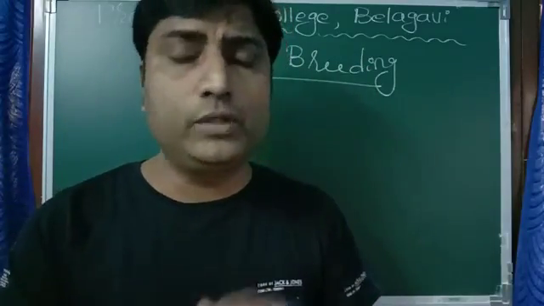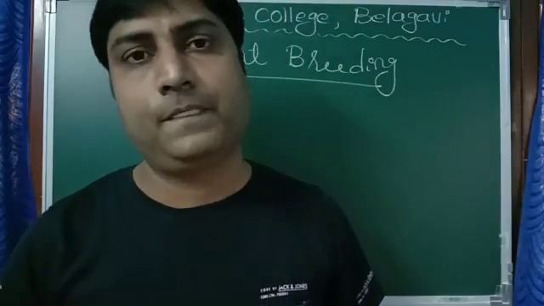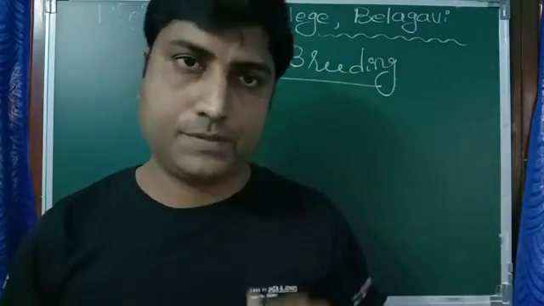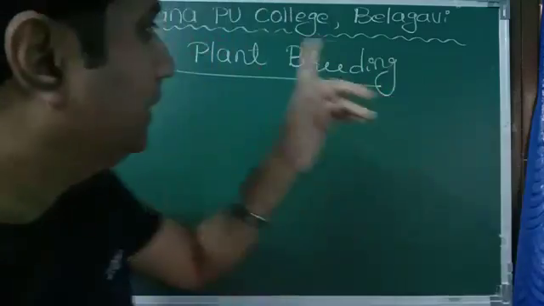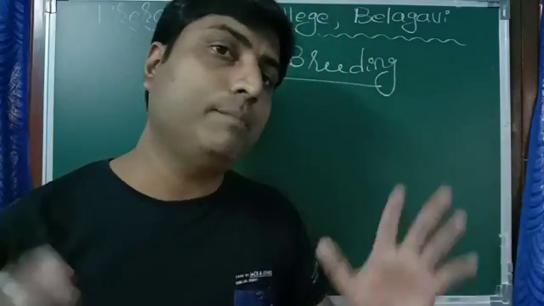So how to do this, or what are the steps in plant breeding program? Generally there are 5 steps. Let us study these steps one by one.